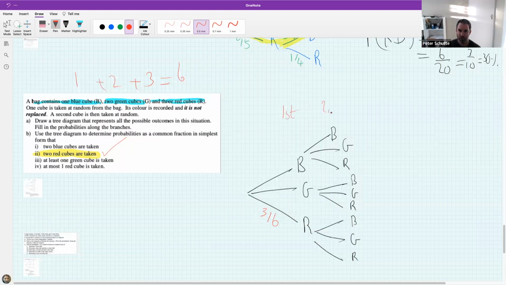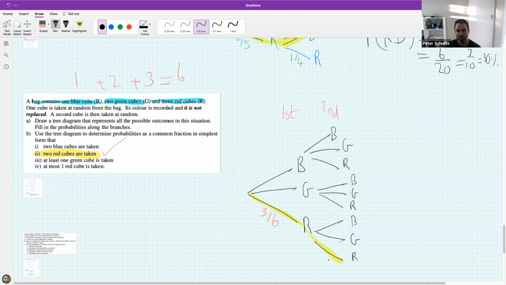I want to know the probability of getting 2 red cubes if after the first draw I don't replace it. And for me, that feels like I have to go down this pathway.